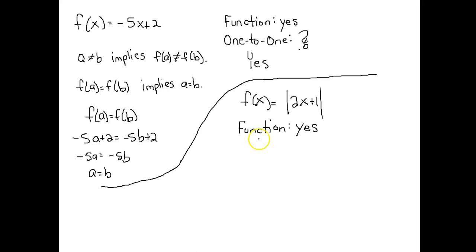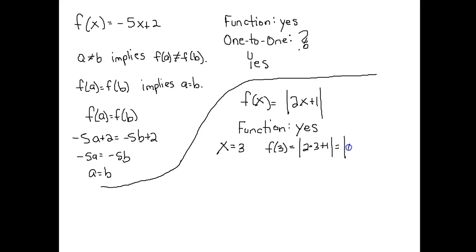Okay, for example, let's say we have x equals 3. Well, f at 3 is the absolute value of 2 times 3 plus 1.